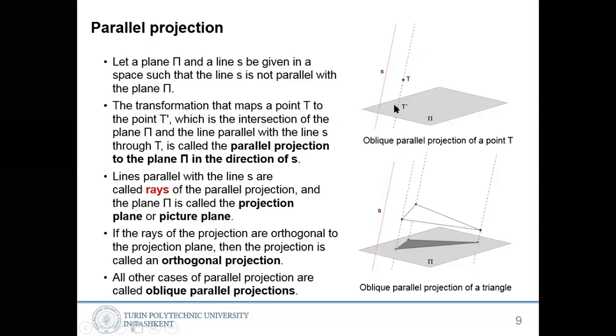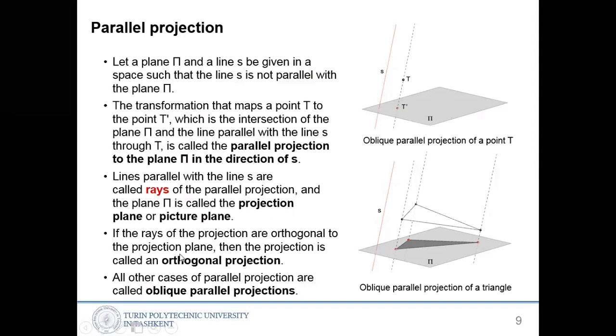Then that ray intersects the plane P, and we can generate a point T dash. Point T dash is the parallel projection of the point T along the S ray direction. Similar to the previous example, the triangle can be projected using a single ray direction, and all rays are parallel, so the projection is a parallel projection.